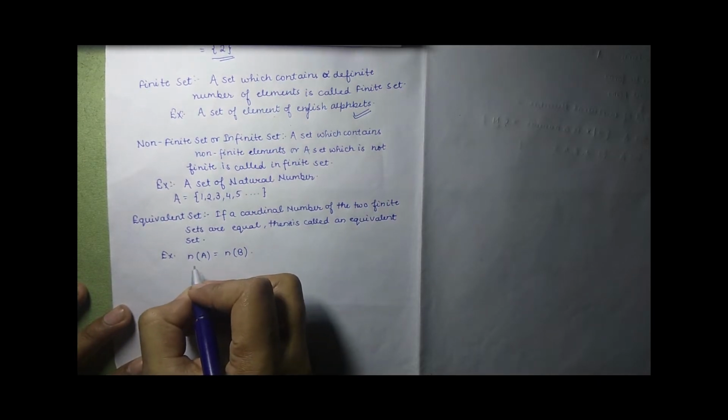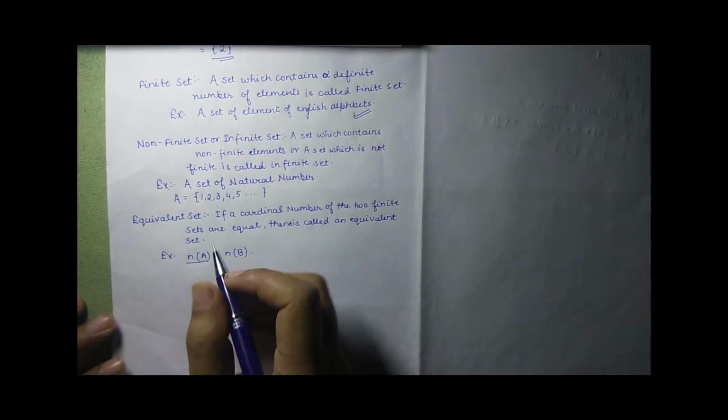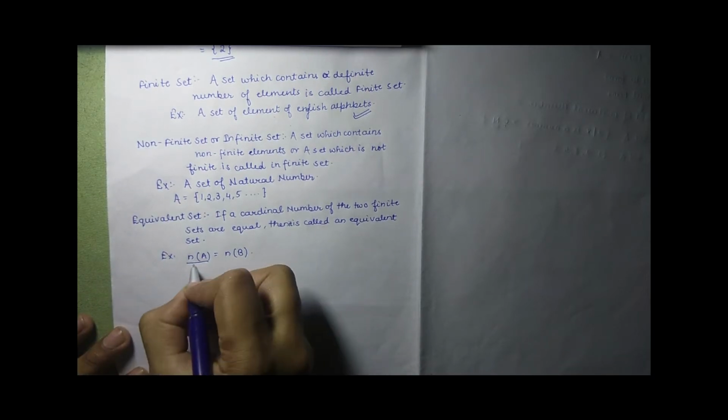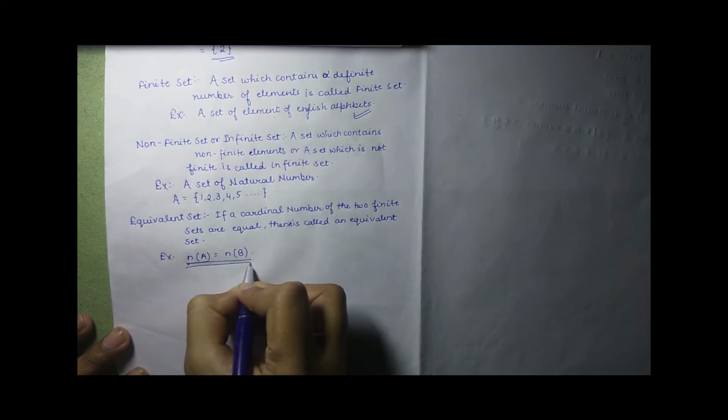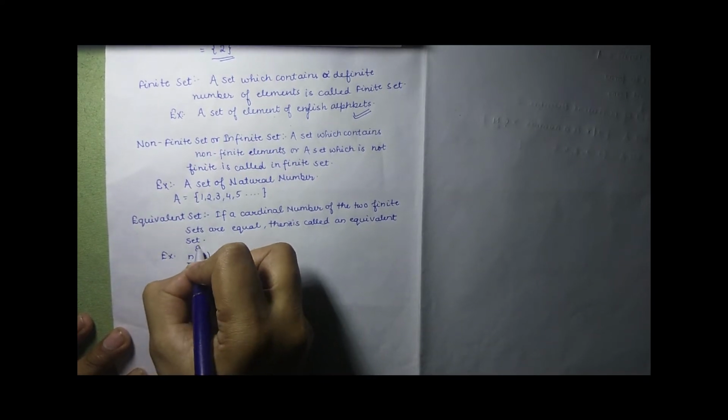So n(A) equals n(B) means the sets are equivalent. Suppose there are 8 elements in set A and 8 elements in set B. Whatever the elements of set A or set B are, the number of elements is equal, so they are equivalent sets.